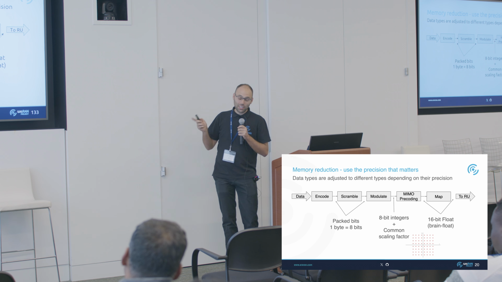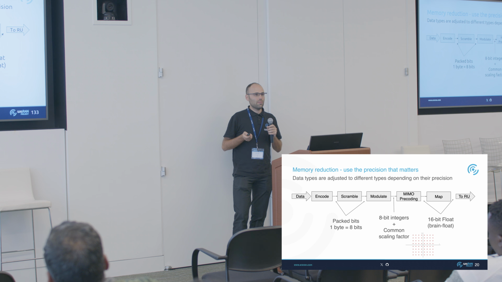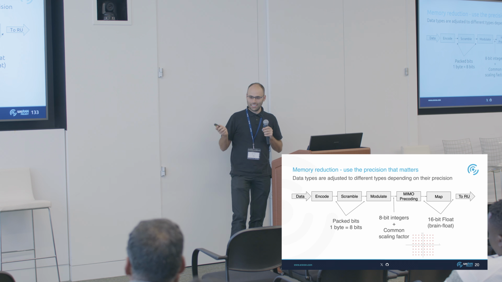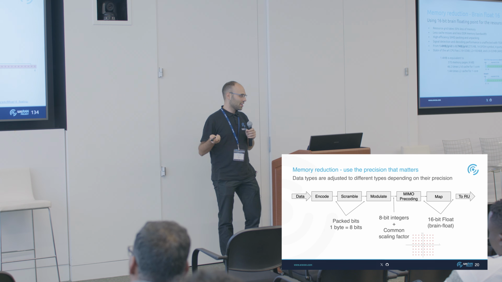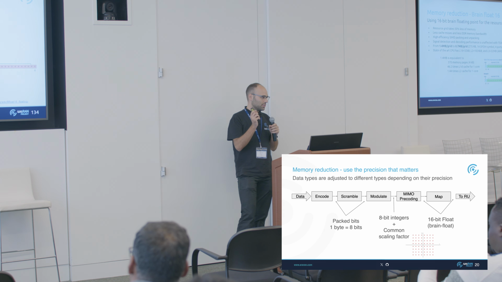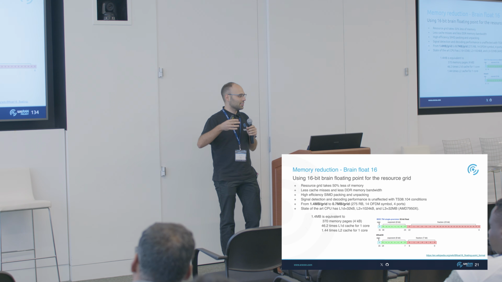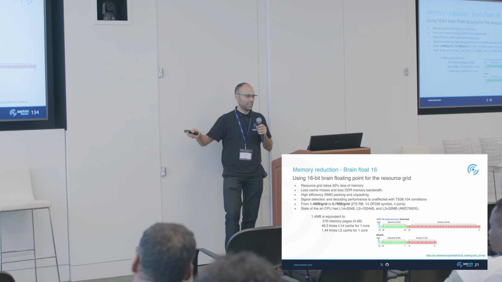And then the next big change is using 16-bit floating point on the resource grid. The 16-bit floating point maybe sounds a bit too complicated, but with this, we reduce the resource grid memory by 50%. Originally, a resource grid with 4 ports, 275 PRBs maximum with 12 subcarriers each PRB, means every resource grid is 1.4 megabytes.